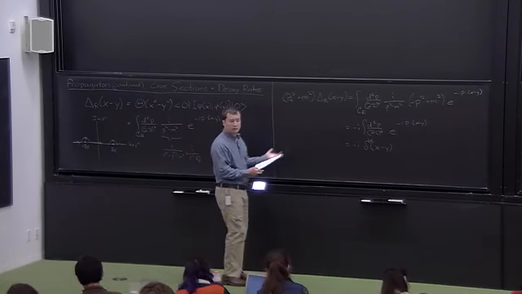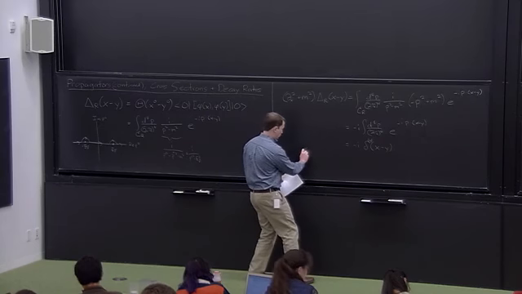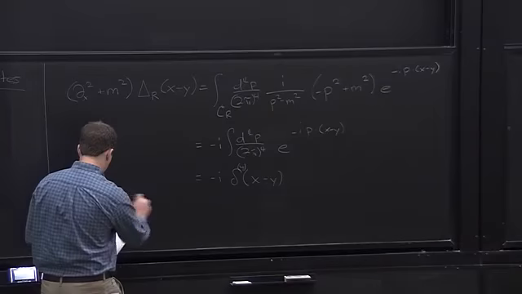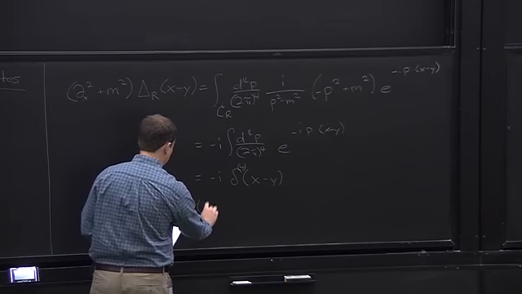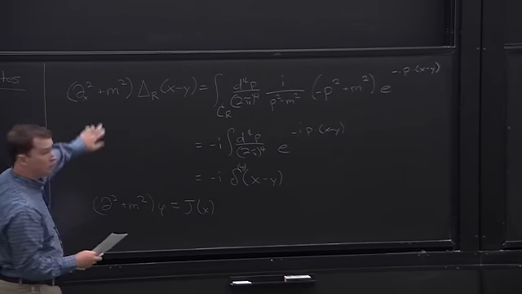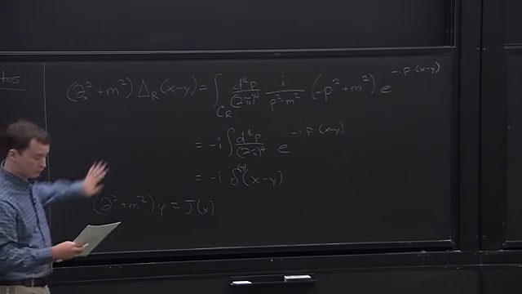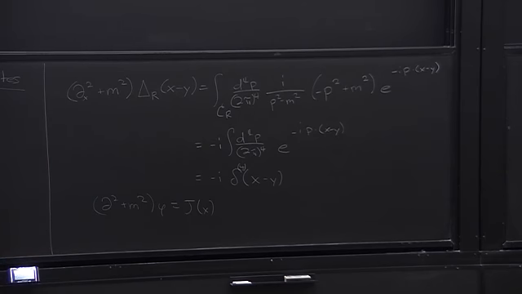And we can then use this to solve the Klein-Gordon equation with a classical source. So if we wanted to solve this equation, we could do that using the familiar method of Green's functions. That's, for the most part, not going to be our interest in this course.